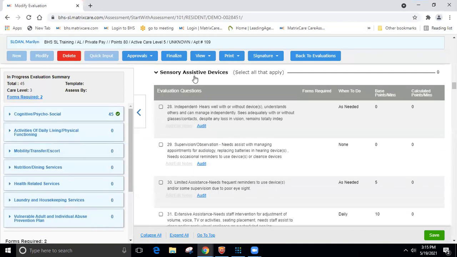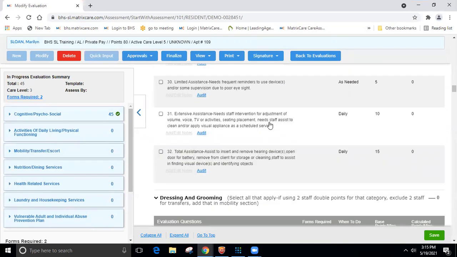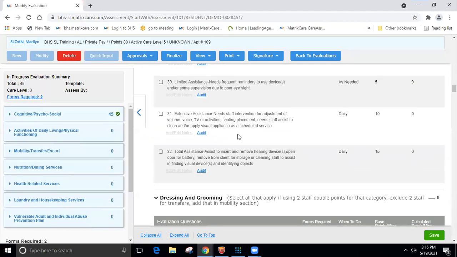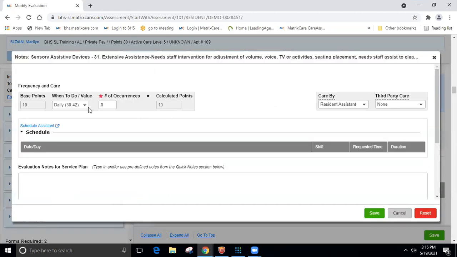Now we start into activities of daily living. As we get into these ADLs, mobility, nutritional, and health related, there's some scheduling pieces now. If we help them use their eyeglasses, if we have to set them up on a service for them to have their glasses and hearing aids put in, we can pick something that's appropriate.